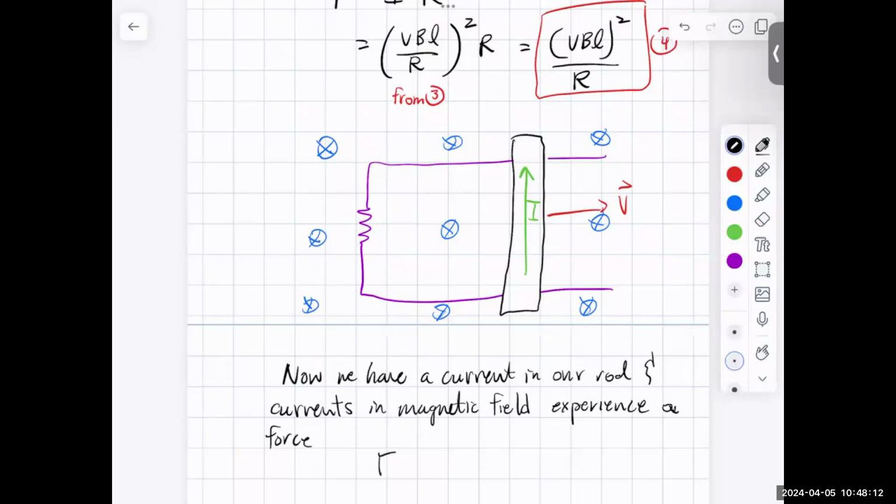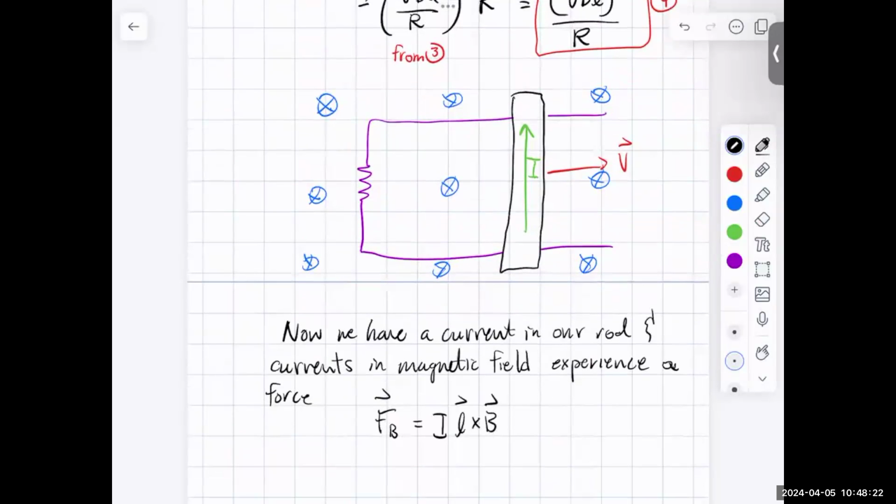Okay, if you remember, the magnetic force on a current was I L cross B. Remember the L is the length of the rod, the length of the rod that's in contact with the rails. The L vector is in the direction of the current.